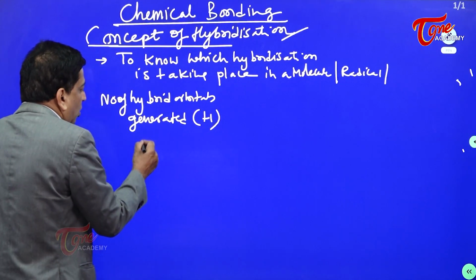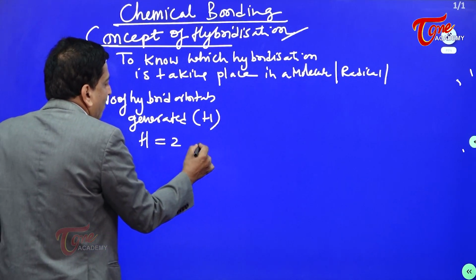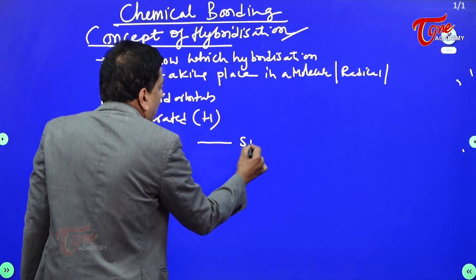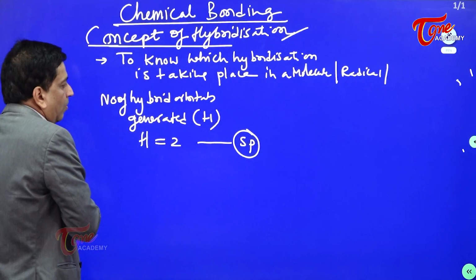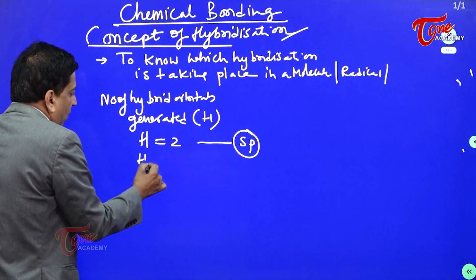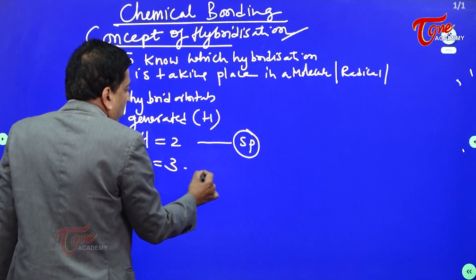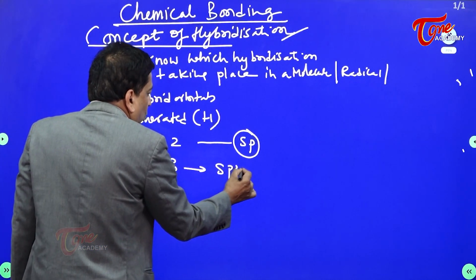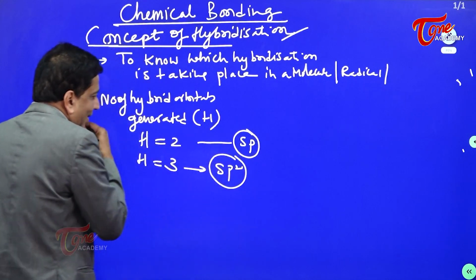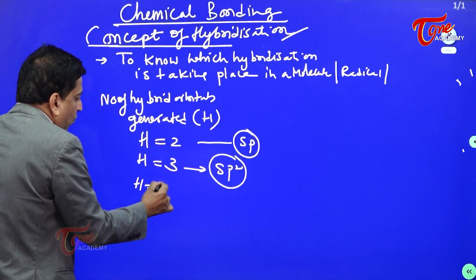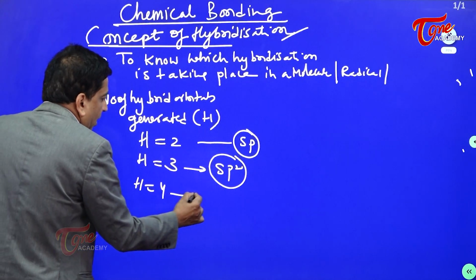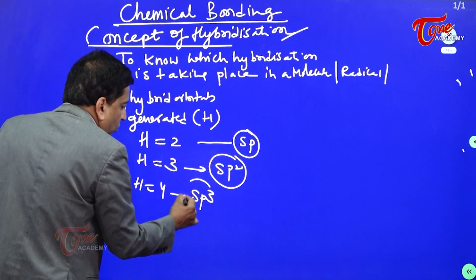Now suppose H is 2, then you fix it as sp. If H is 3, please fix it to be sp2. If H is 4, please fix it to be sp3.